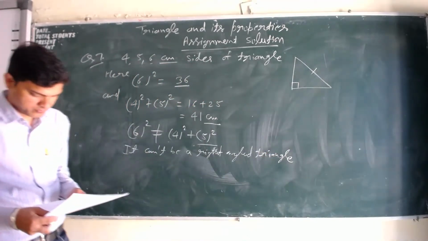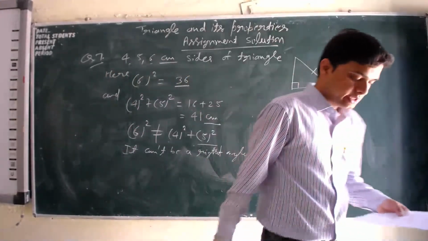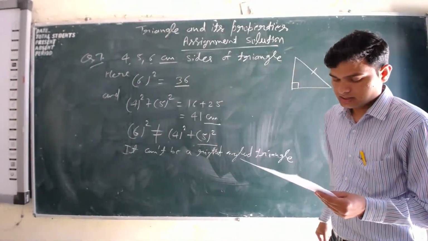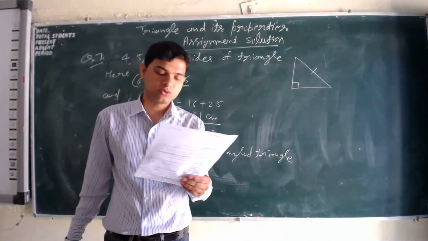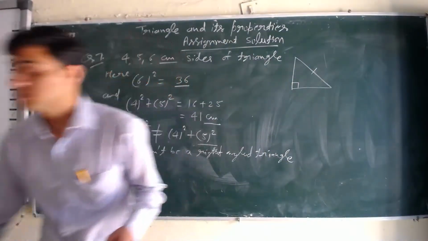Next one is question number 8. ABC is a right angle at C. If AC is equal to 5 centimeter and BC is equal to 12 centimeter, find the length of AB.